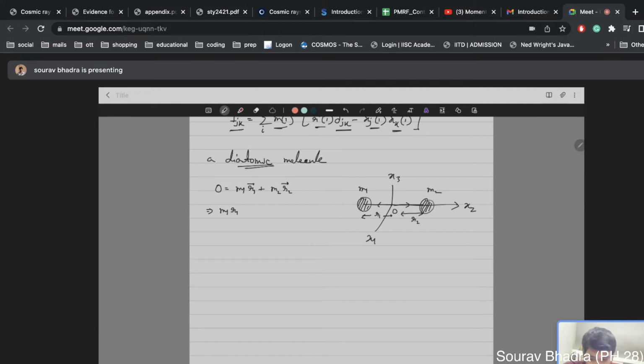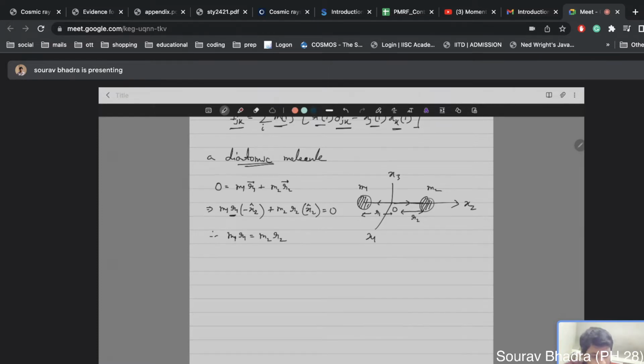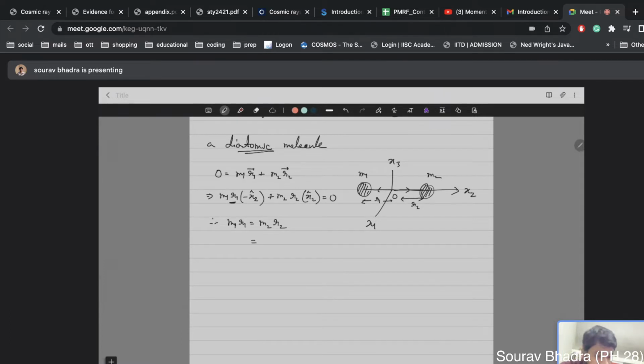So r1 can be written as r1 times minus x2 cap, where r1 is only the magnitude, plus m2 r2 x2 cap, where x2 cap is the unit vector along the x2 direction. That is 0, and if you calculate, it is easy: m1 r1 equals m2 r2.